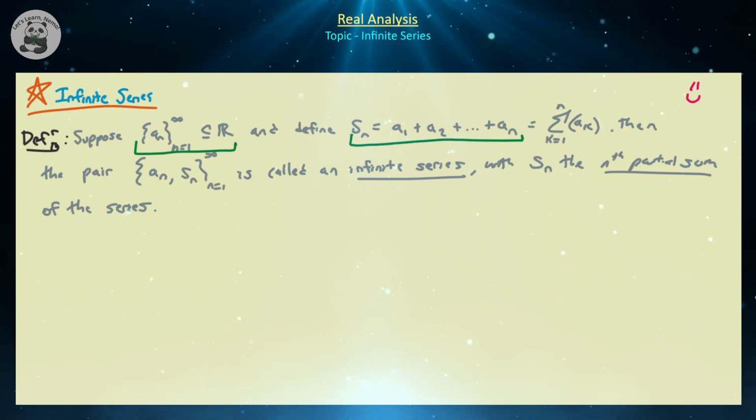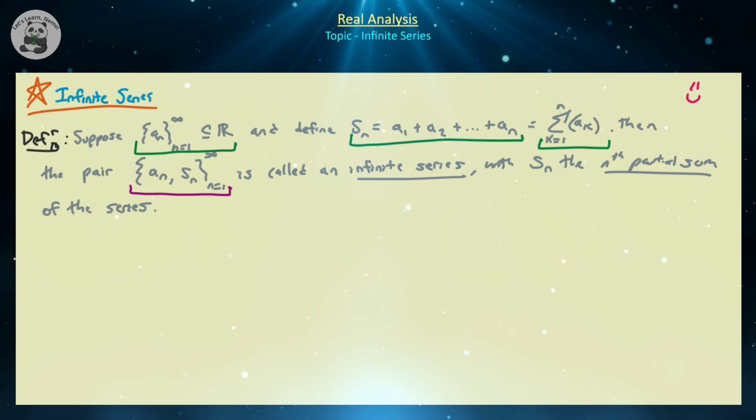We define the sequence S_n, which is the sum of the first n terms of the real valued sequence a_n, which some people write as the finite sum from k equals 1 to n of a_k. Then the pair of sequences a_n and S_n is what is called an infinite series, and S_n is usually called the nth partial sum of that series.